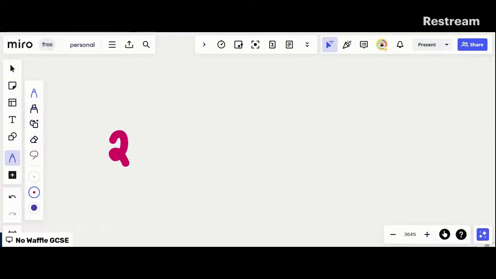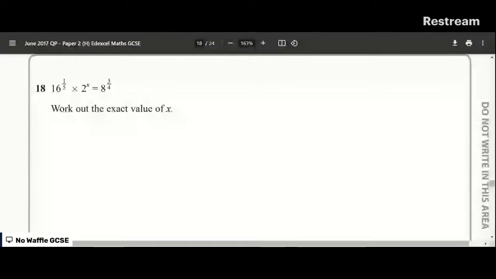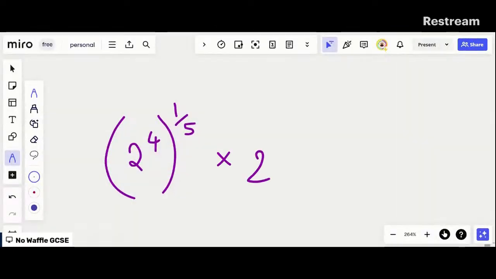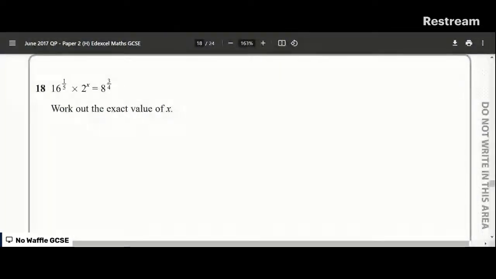Now 16 is 2 to the power 4. And then we have 2 to the power x. And that is supposed to equal 8 to the power 3/4. And 8 is 2 cubed. So you can write it just like that.